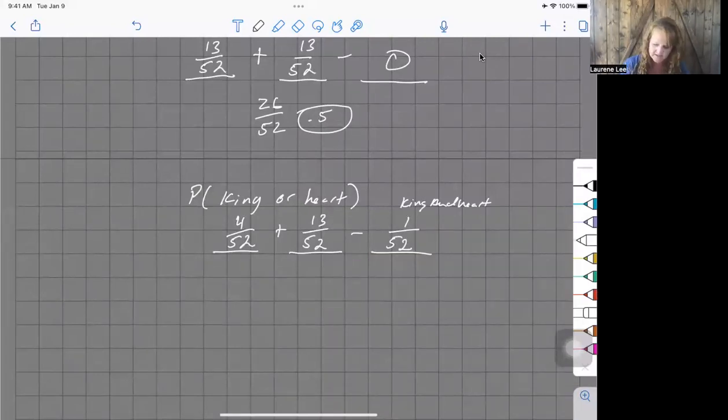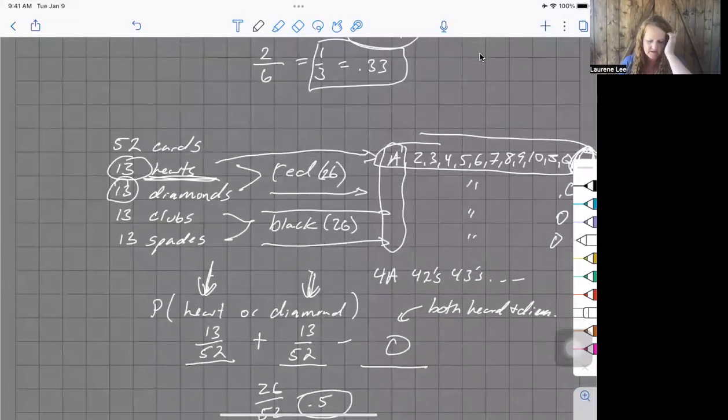Okay, so this adds up to be 16 out of 52, which is 0.308. Okay, so that's kind of how the card situation works.